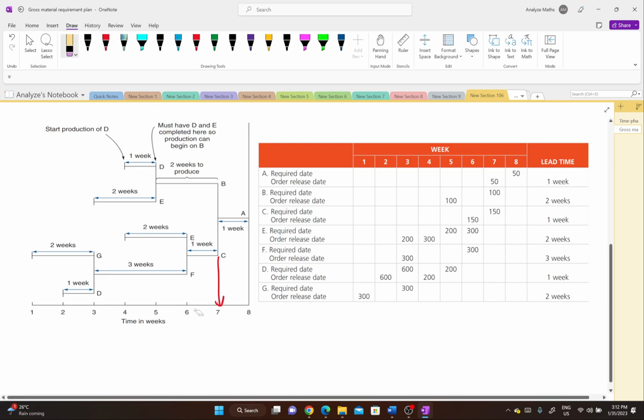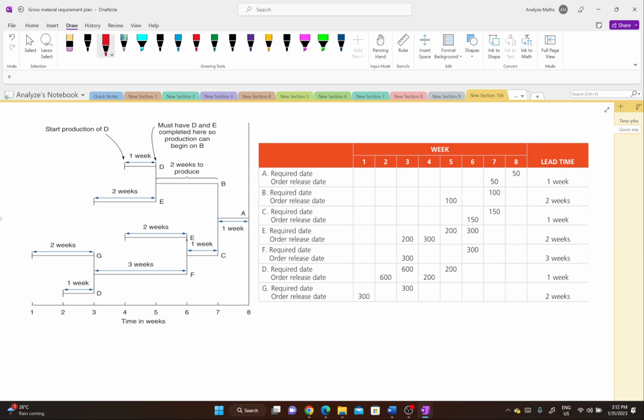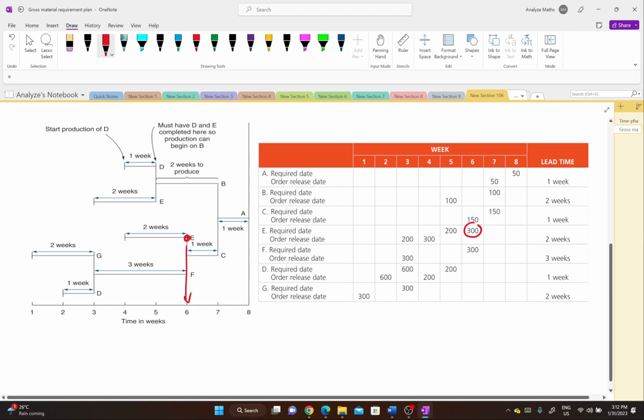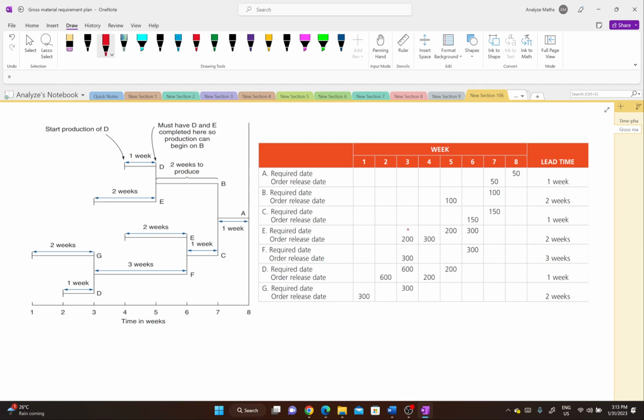So like that you can see E, there's two parts of E. One is 300 units. Required date is 7, and when you start assembling, that is week 4 for the 300. And there's another one for E, here. Required date is the fifth week, and when you start assembling, 3rd week, and so on. You can see this is the gross material requirement plan: how much you need on time and when you start assembling all these things.